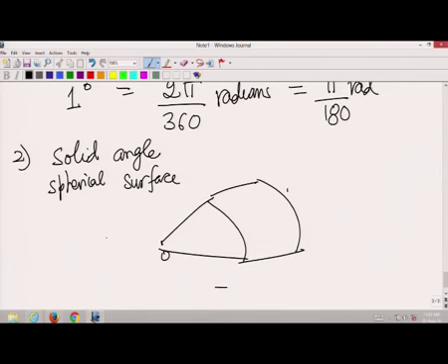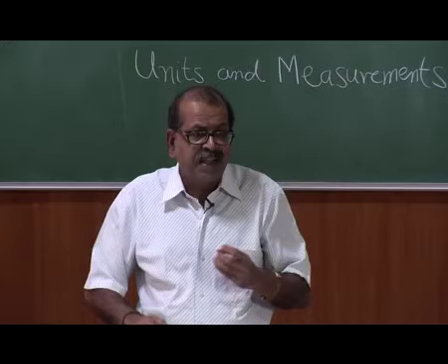Then, this is the center of the sphere, and all of the endpoints of this area will be at the radius of the sphere. Here, the angle subtended with the center and the ends of this area is what we call a solid angle.